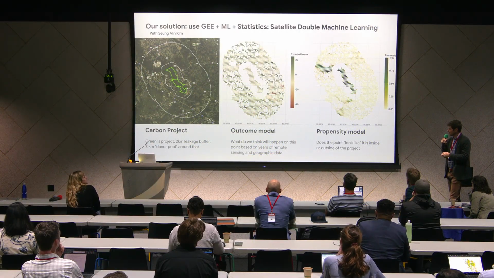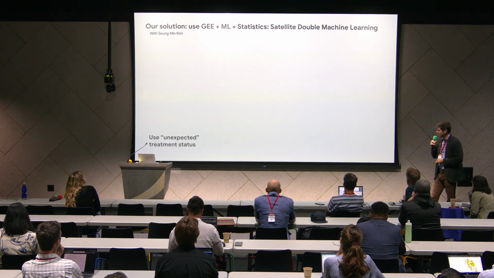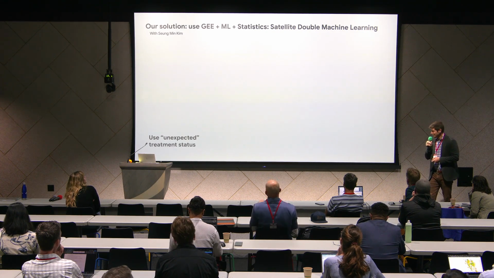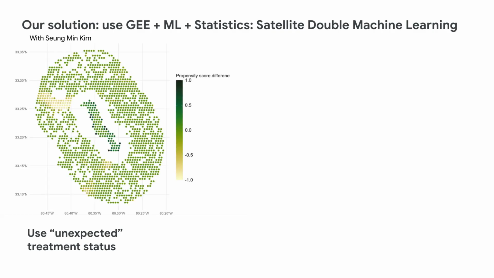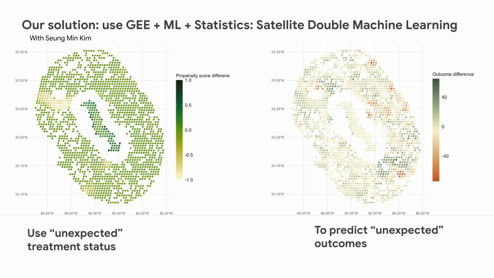And here's why we calculate these things. We're going to use unexpected treatment status, or only the part of the project location that you can't predict prior to the start of the project, which looks like this, to estimate the unexpected outcomes of the project, which are the part of the biomass change that we were unable to predict using the imagery and characteristics from before the project.